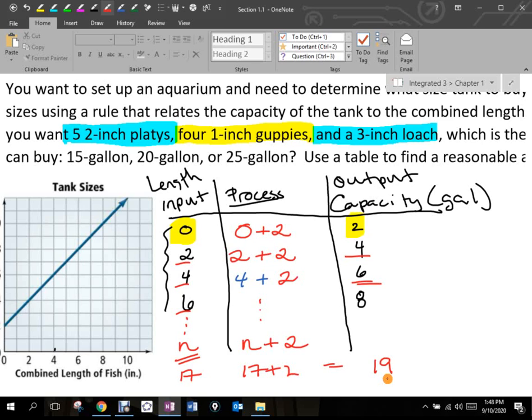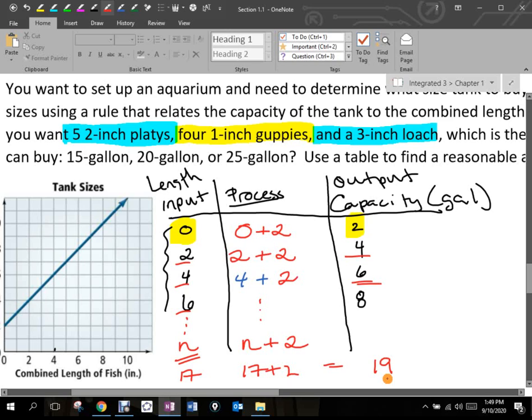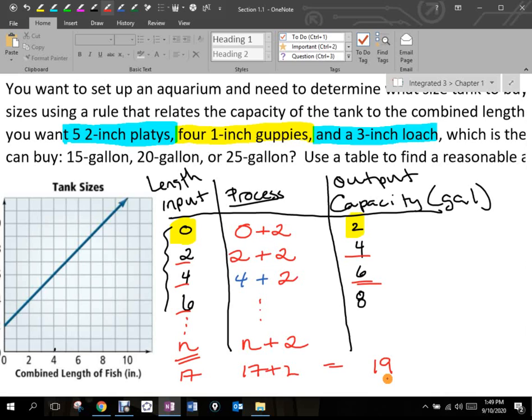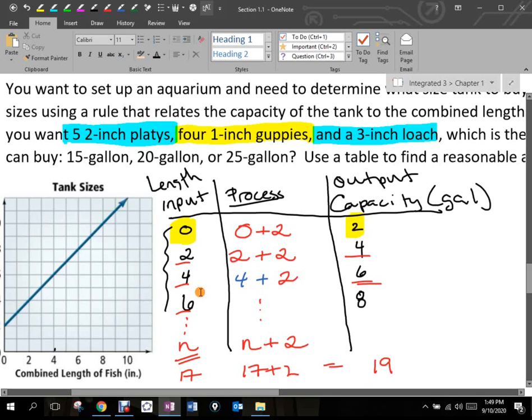Which would have been the best answer? 15 gallon, 20 gallon, or 25 gallon? Still would have been 20, right? Because anything less than that won't hold that amount of fish, or won't do it safely. In this situation, because of the context of the problem, you ultimately have to round up to the next tank. We cool with that?